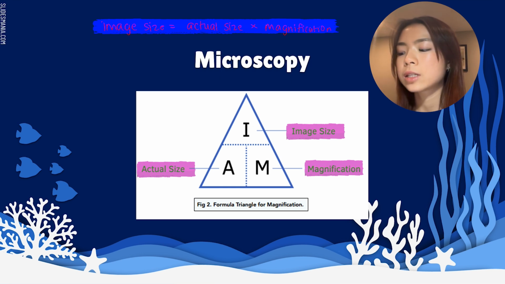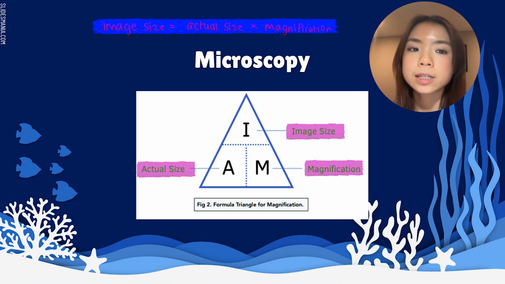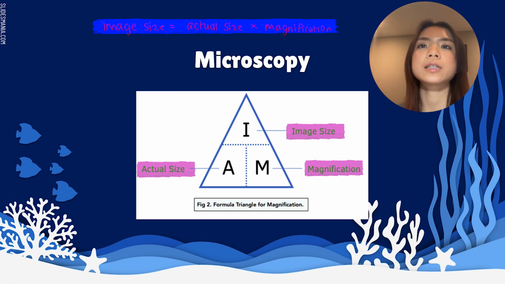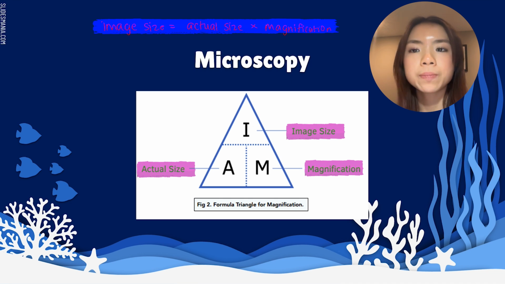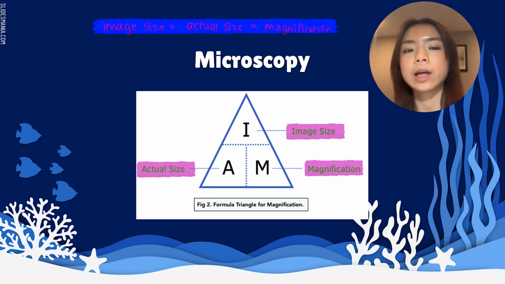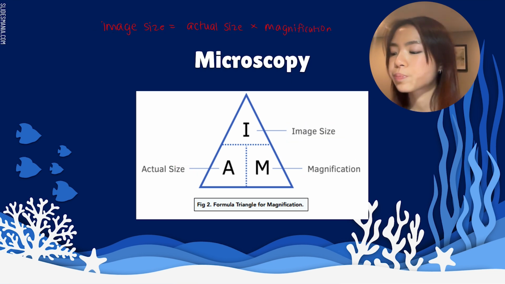From this equation, one way we can work out how things are sorted is that the image size is always larger than the actual size. The actual size is how big the specimen is, and the image size is how big we can see it in our diagrams. For example, in the test, they might have a drawing or a photo of the specimen that is a lot bigger than it would be in real life. That's how we know this is the image size.